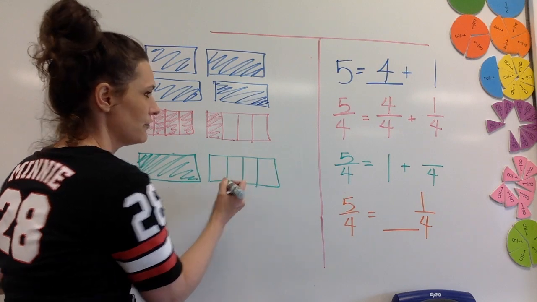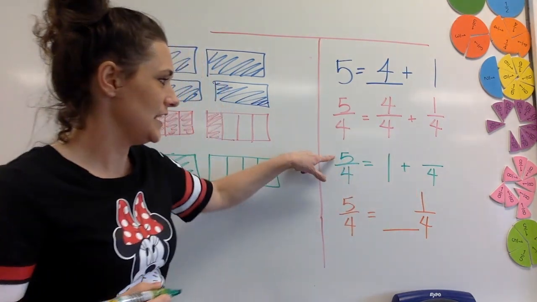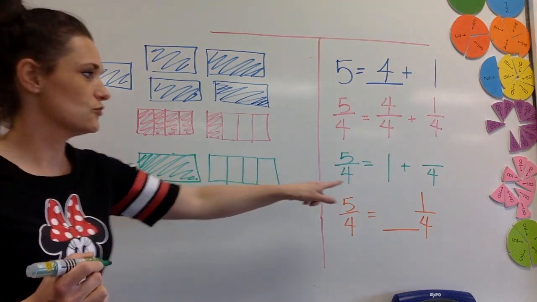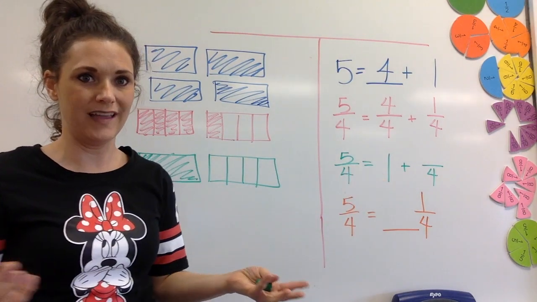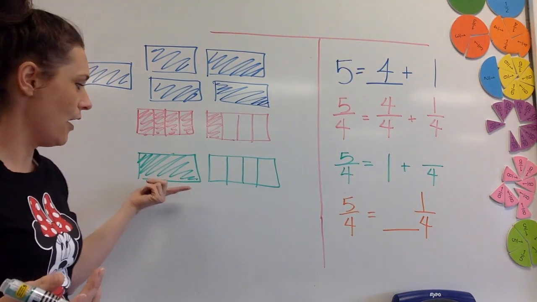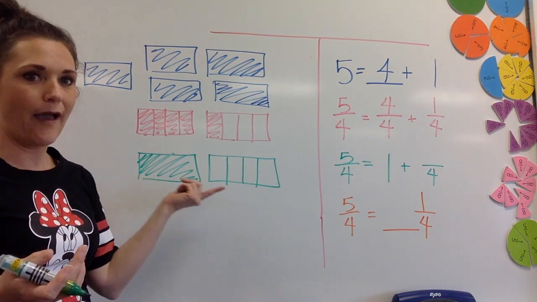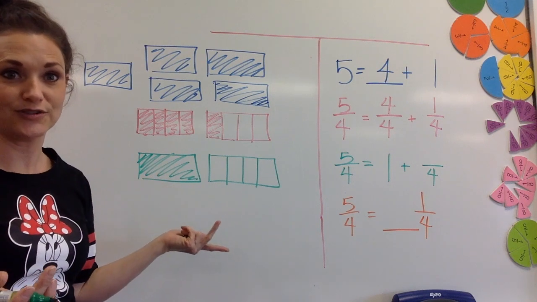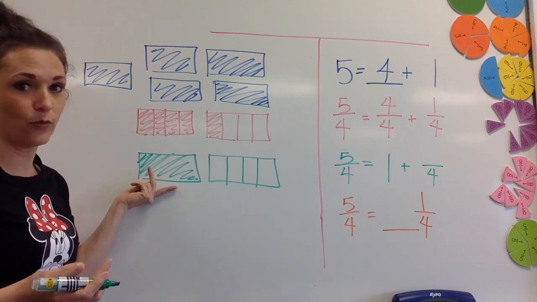I know we're working in fourths. If I'm needing 5/4, well, how many fourths was in this? I just drew it as a 1 whole, but can you think in your head, if I cut this, how many pieces would there be? Well, 4 is our denominator, right? So I know I have to have 4 pieces.